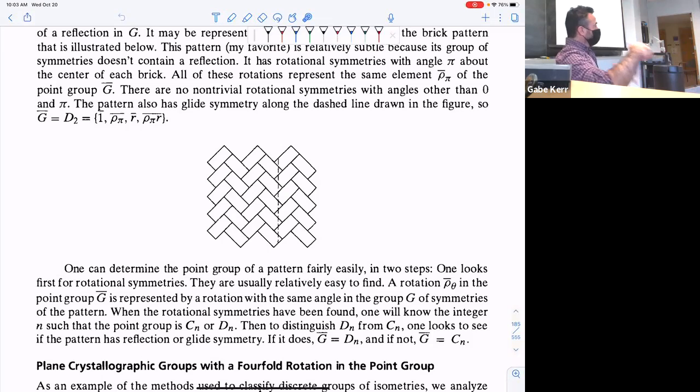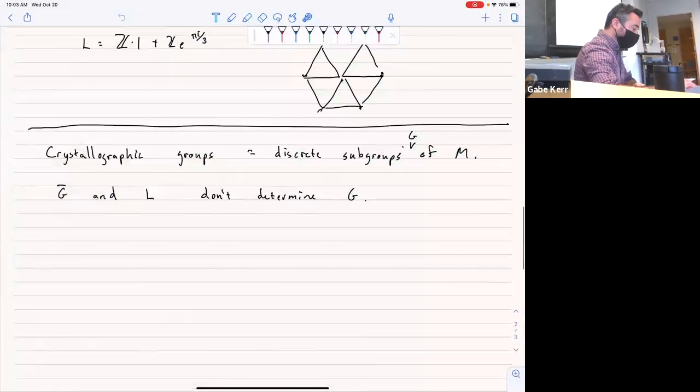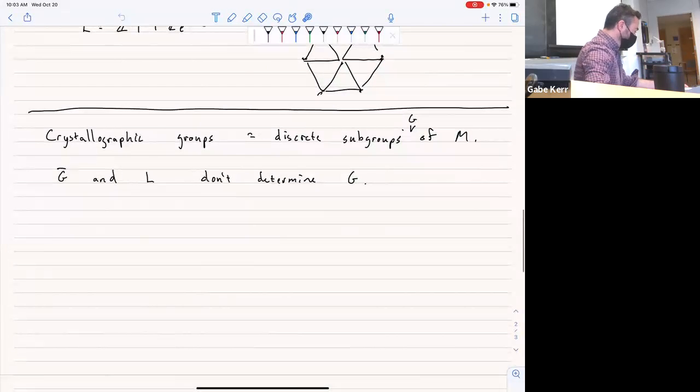There is no actual reflection in the group. But you can certainly build a group with the reflection and with all the translations. That would be fine, but it's not this one. So it has two distinct groups with the same information. If that went too fast, please read through that. And I think that's it.